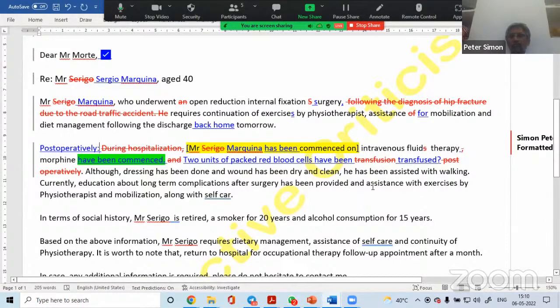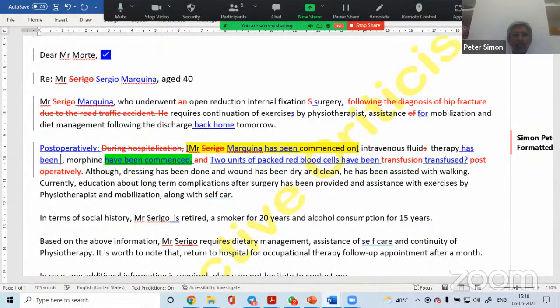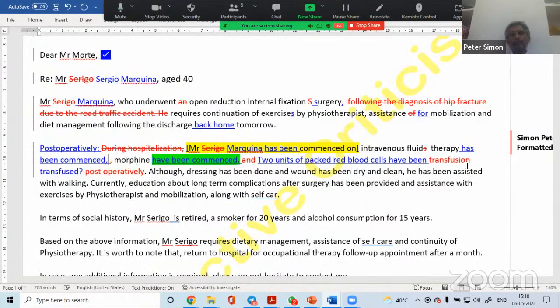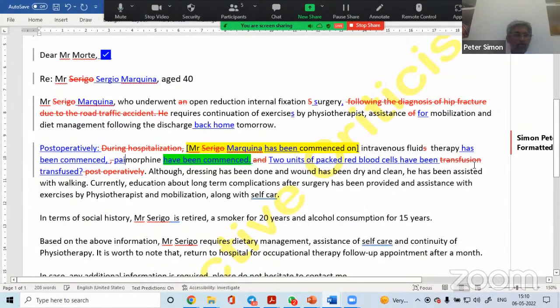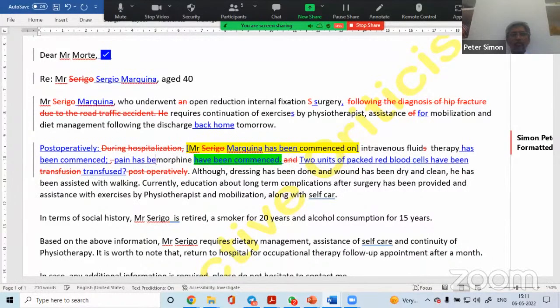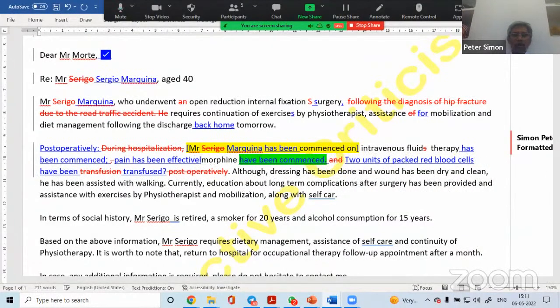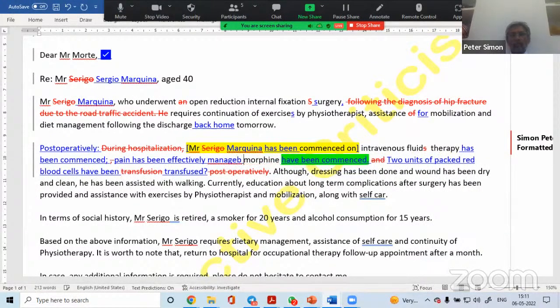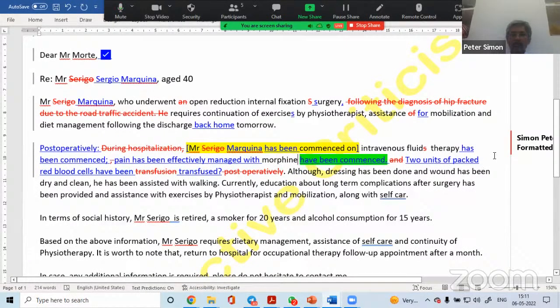Post-operatively, colon, intravenous fluid therapy has been commenced, semicolon, pain has been effectively managed with morphine, semicolon, and so let this 'and' be there now. So this is how you should have written.